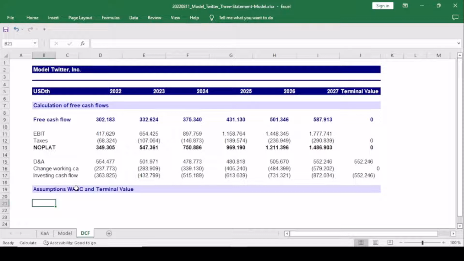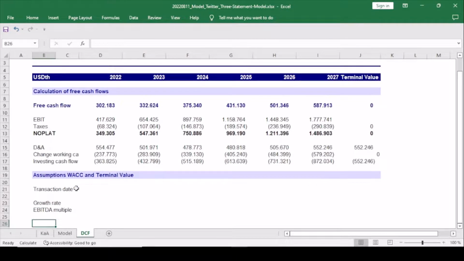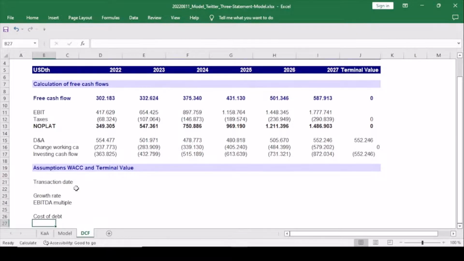In that, we define the transaction date, the growth rate, and EBITDA multiple, and of course the key ingredients of our WACC calculation.